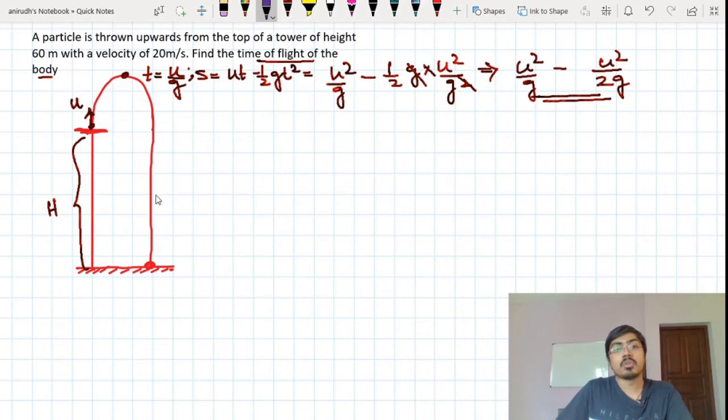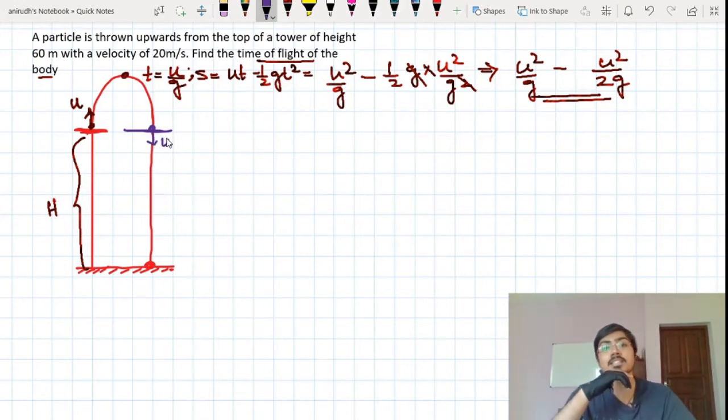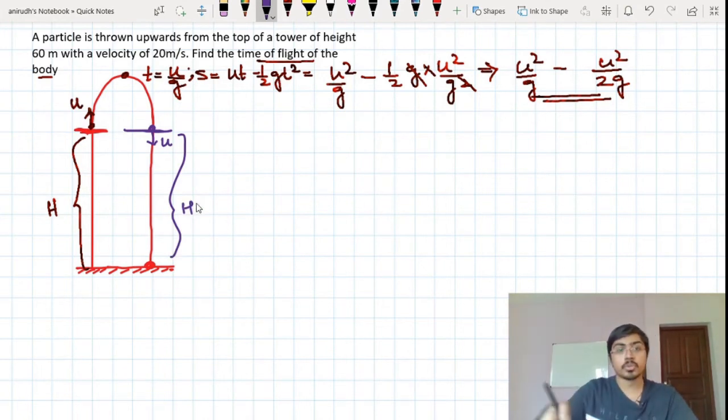When it comes down, now talking about the descent of its motion, first it has to cover this much distance. When it reaches over this much distance, then its velocity is u itself in the downward direction. And then it has to cover this much h meters also to reach the ground. So how much is this distance?